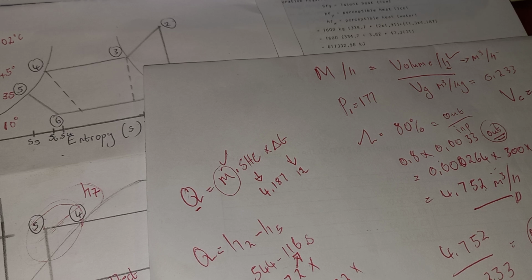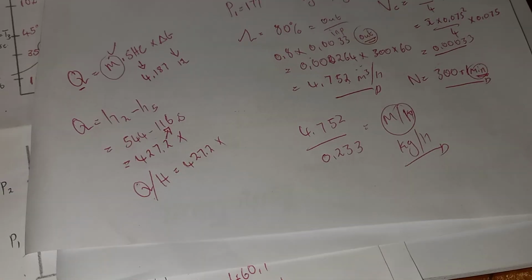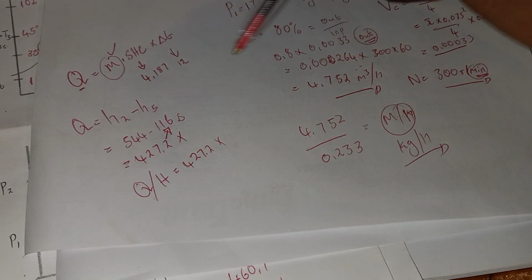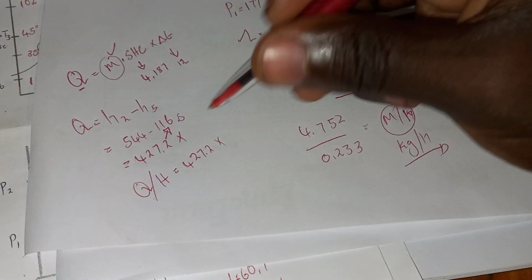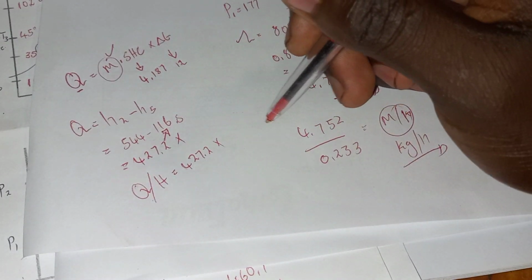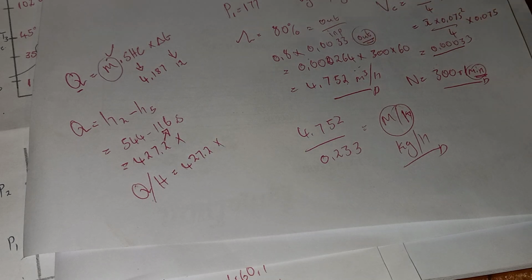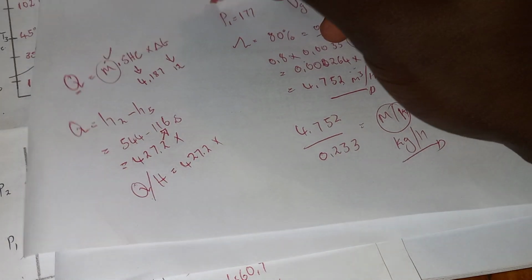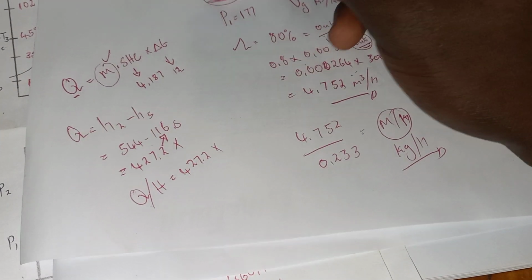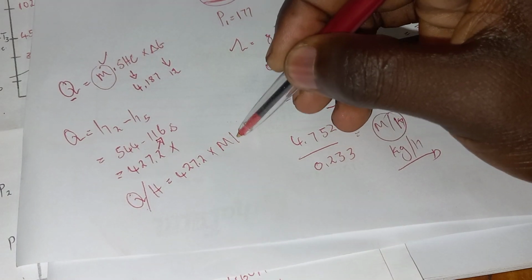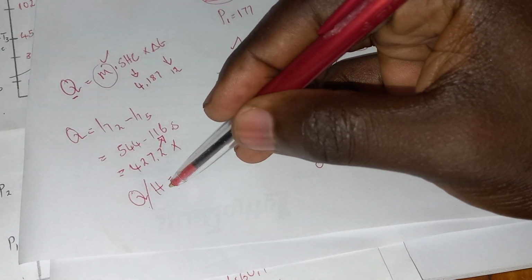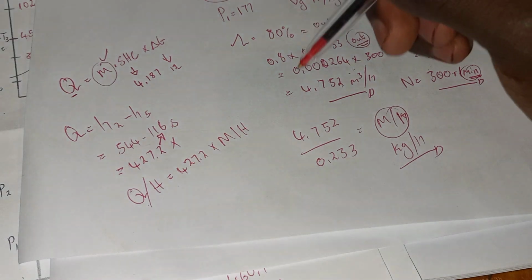So this heat energy per hour will be equal to the mass that we got here, the mass that was flowing per hour, multiplied by this H, because now we need the heat energy per hour.